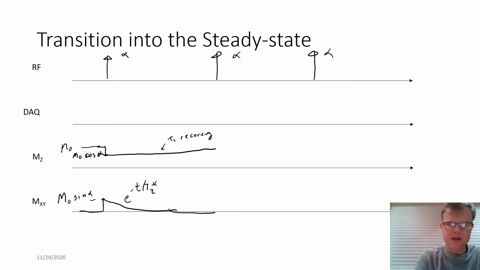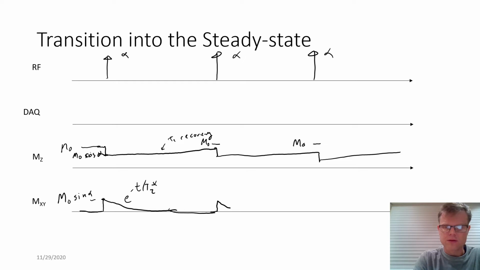So again, up here would be M naught. We haven't reached that yet. We're going to hit the next flip angle, which again is going to tip the magnetization out. We could derive this with the trig relationship. And now we're going even further away from the equilibrium value.